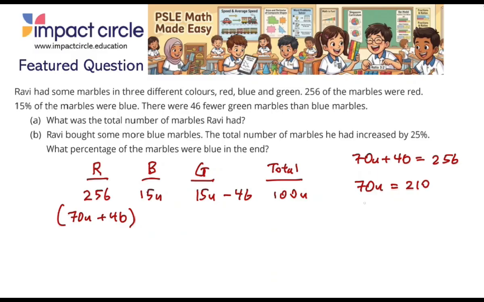And now dividing by 70 on both sides, we will get 1U equals to 210 divided by 70, which will be 3. This means that every unit will be 3 marbles. And because the total marbles that Ravi had is 100U, this means that the actual number of marbles he had would be 300. And this would be the answer to part A.